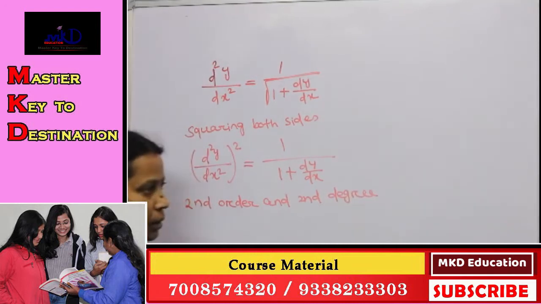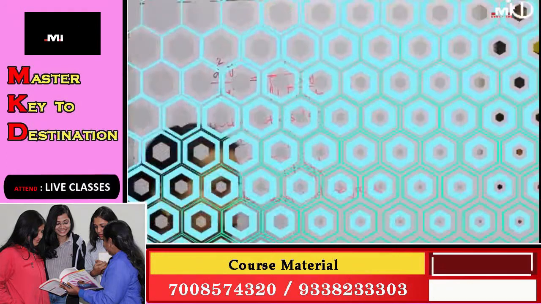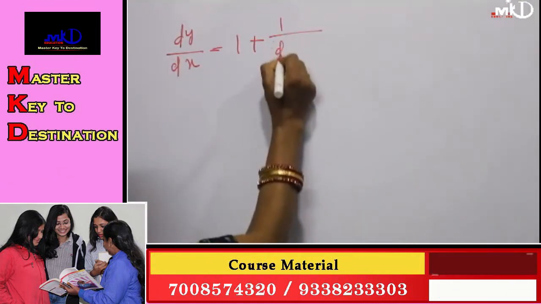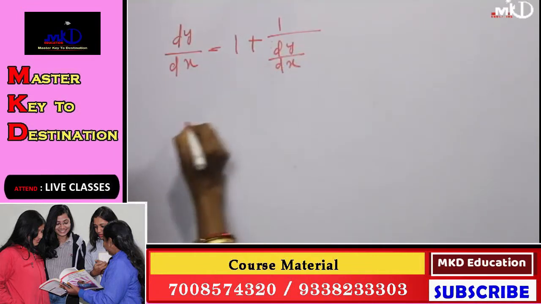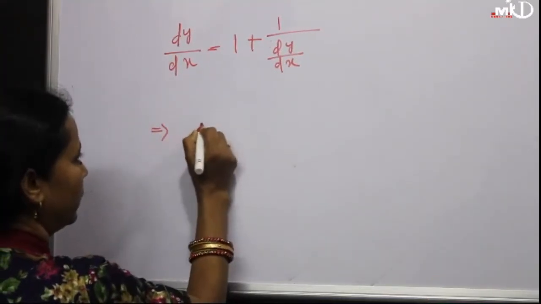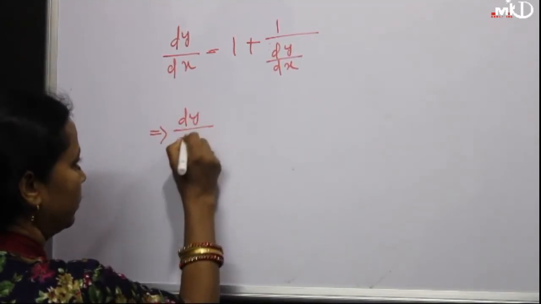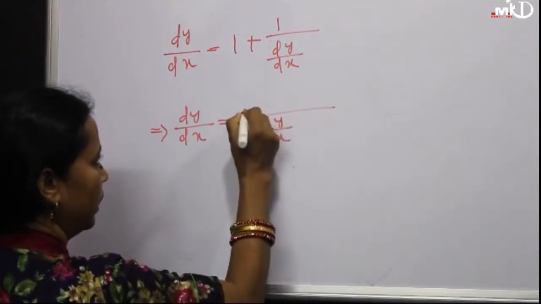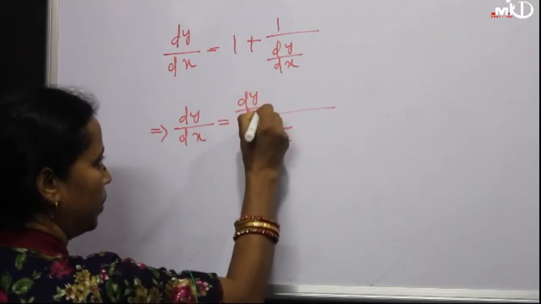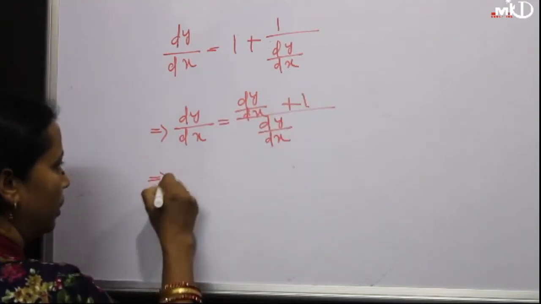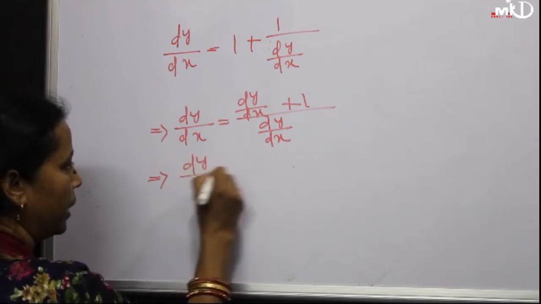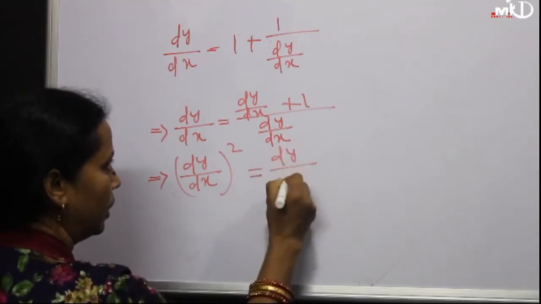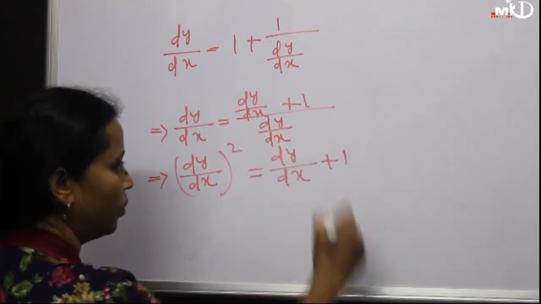differential equation. So next question, you see, it is 1 plus 1 by dy by dx. Now if I take the LCM, dy by dx, we get dy by dx whole square is equal to dy by dx plus 1.